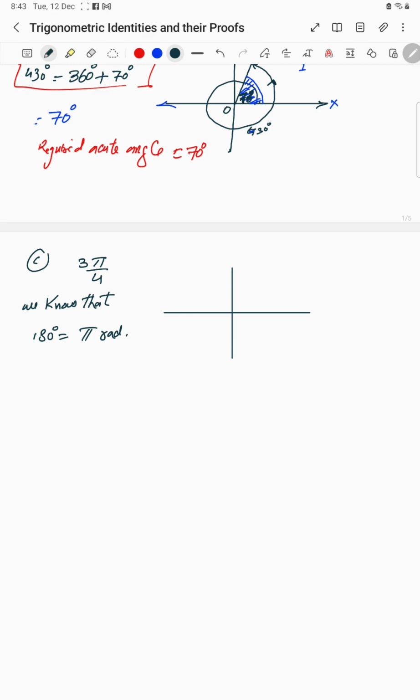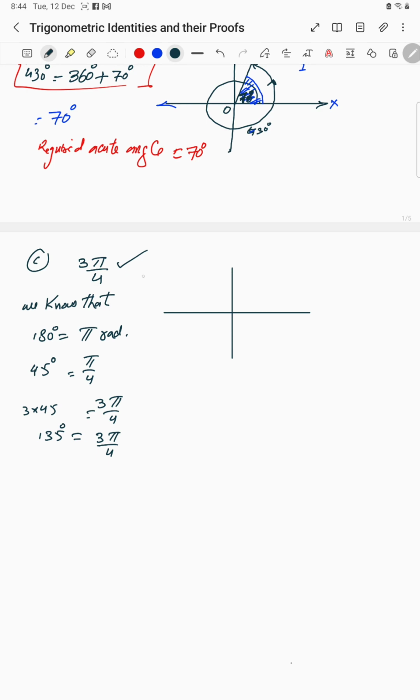So pi by 4 becomes 45 degrees, and 3 pi by 4 will be, you can check it, 3 multiplied by 45, which is 135 degrees, right?